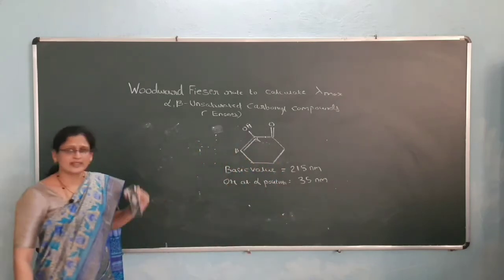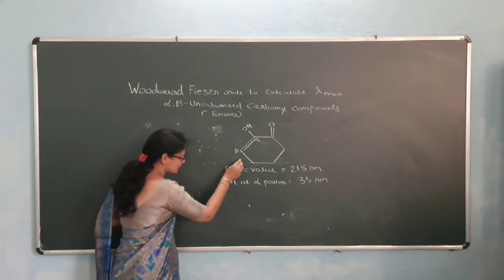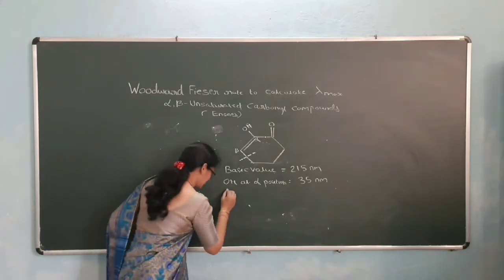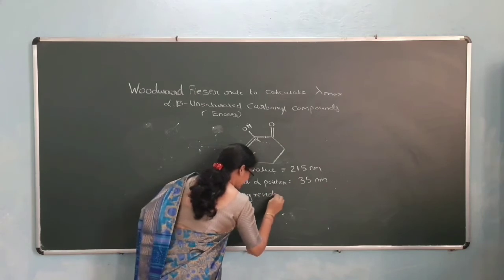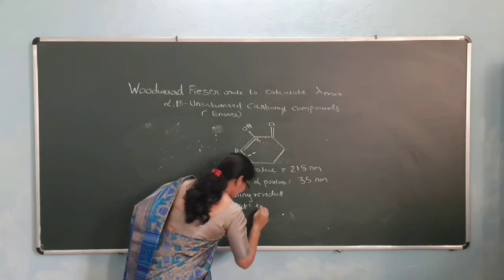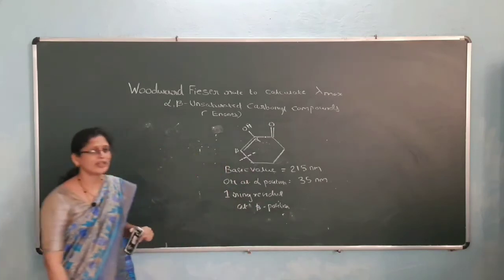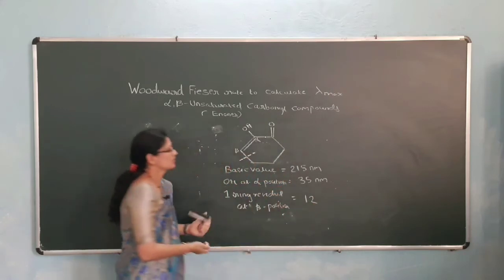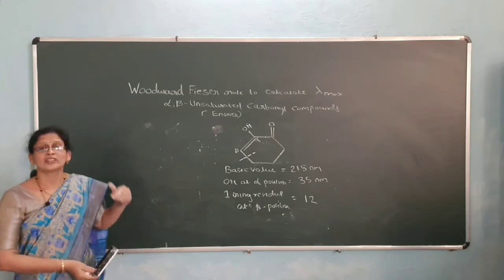Then here it is a cyclic structure, so you have to check for the ring residue. We have one ring residue here at beta position, so it is plus 12. So this is a 6-membered alpha beta unsaturated carbonyl ketone.